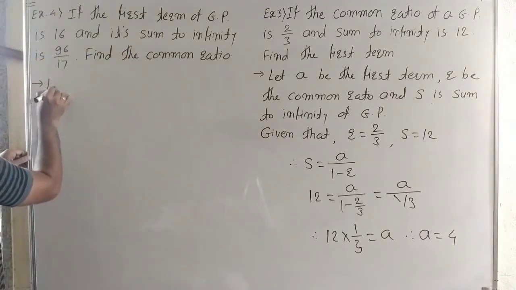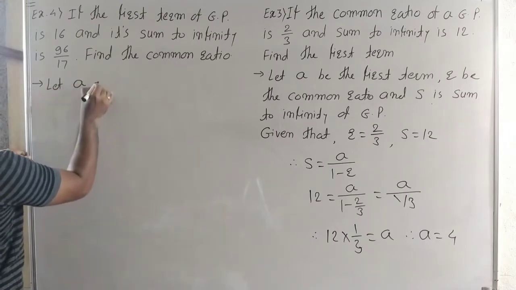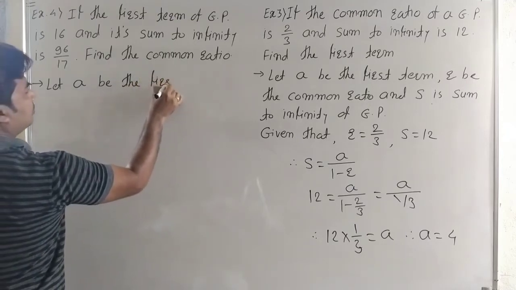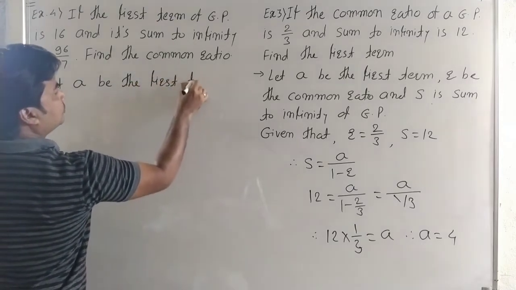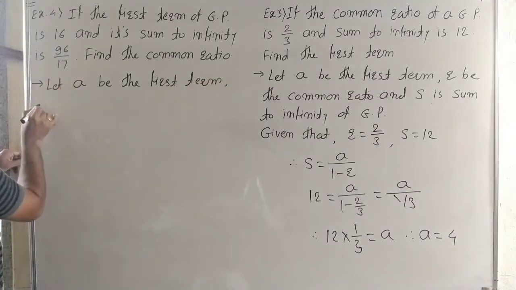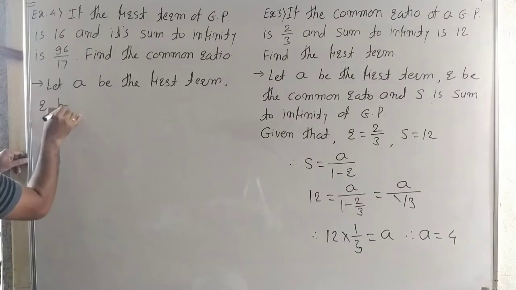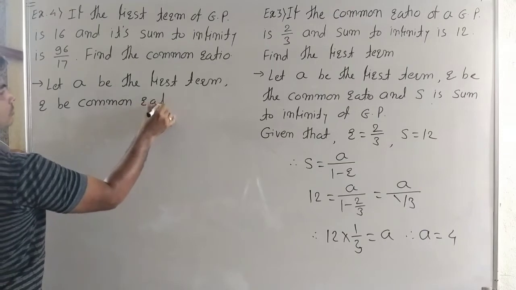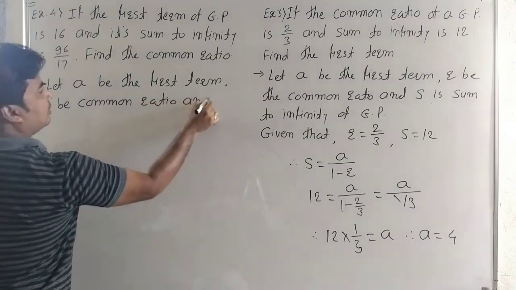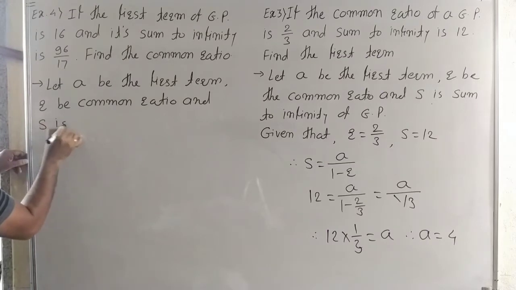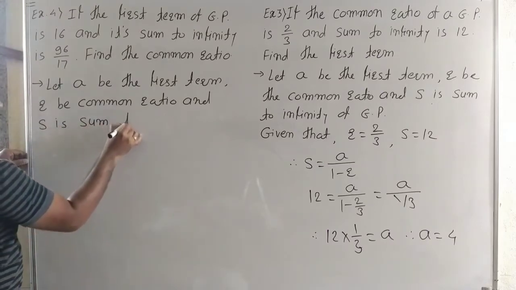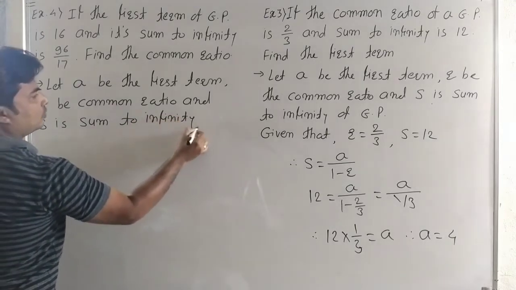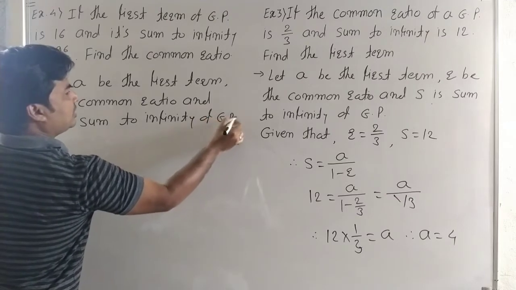Again the same: let a be the first term, r the common ratio, and S the sum to infinity of a geometric progression. It is the same as this.